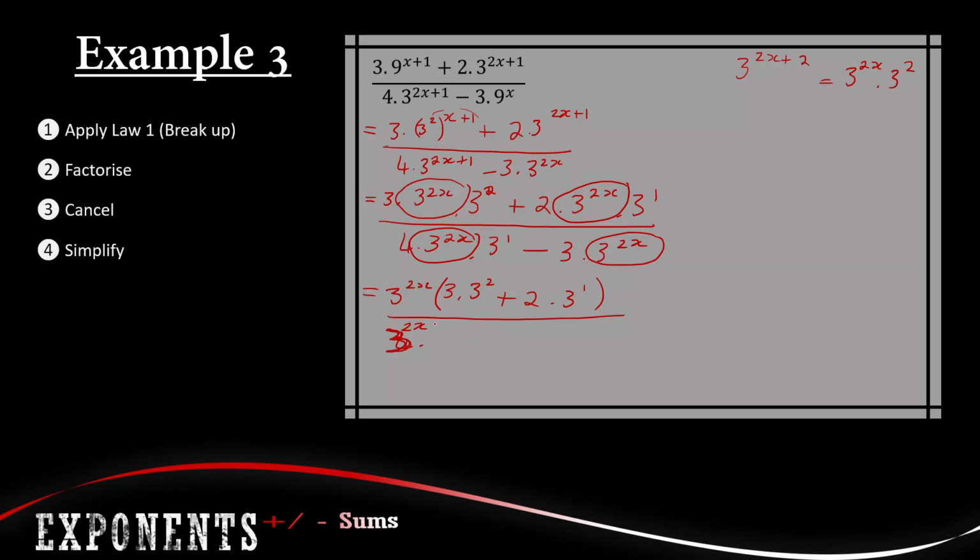Okay, and then we're left with 4 times 3 to the power of 1 minus 3, just minus 3. Okay, then cancel, so this and this cancels, and then we can put that onto the calculator.